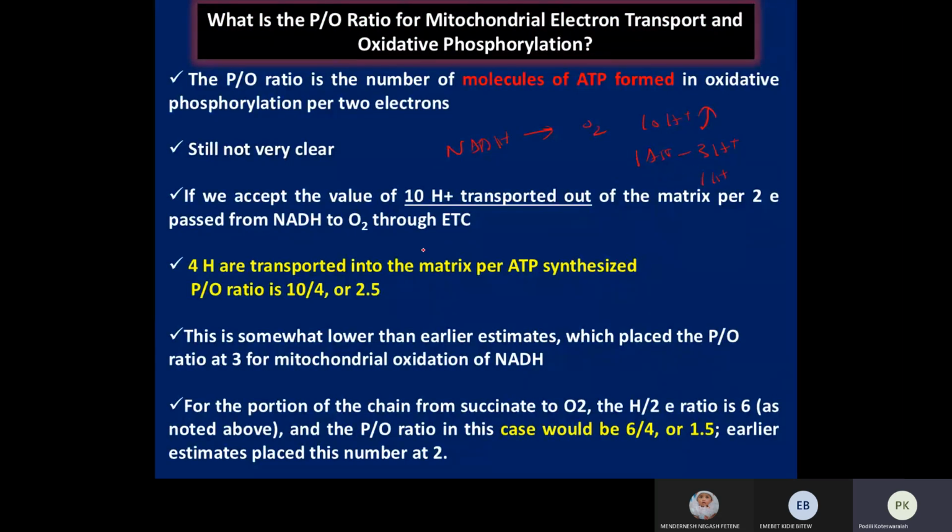So therefore, 4 protons are utilized for the synthesis as well as the transport of one ATP molecule. So the P by O ratio for the NADH is 10 by 4, that is equal to 2.5. That means there are 10 protons and 4 protons are required for the ATP synthesis as well as the ATP exit from the matrix. Therefore, the P by O ratio is 2.5.